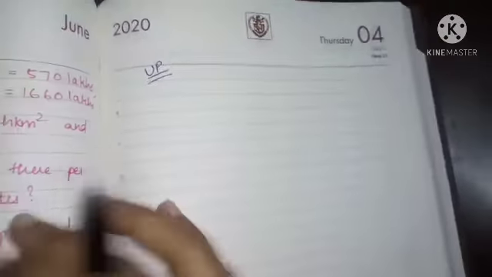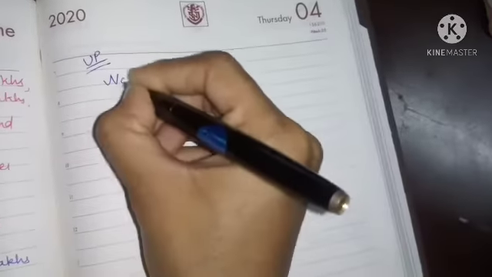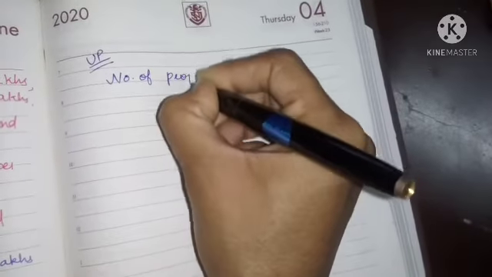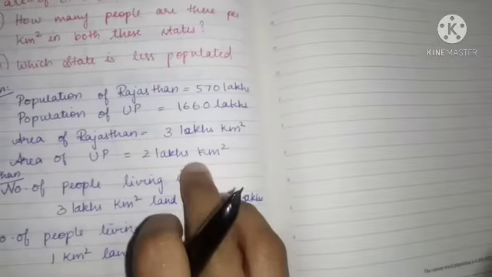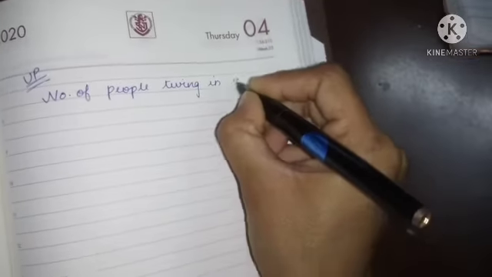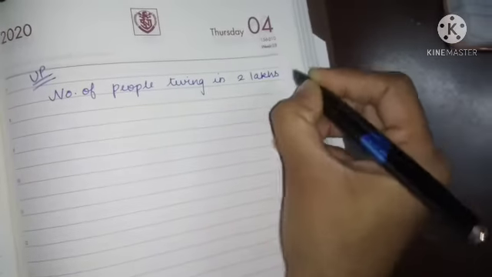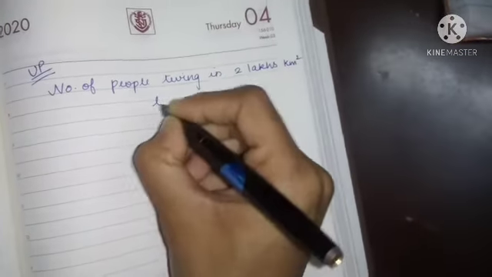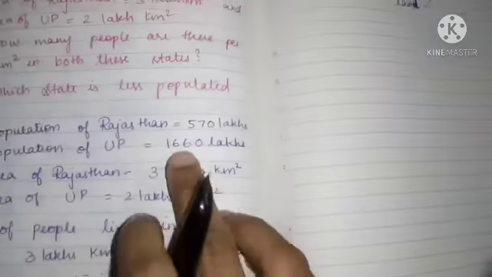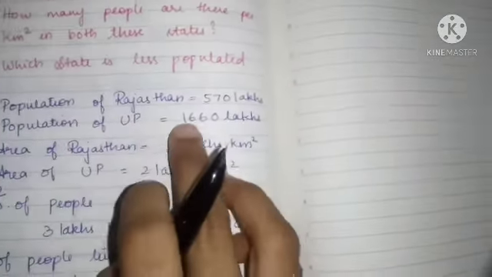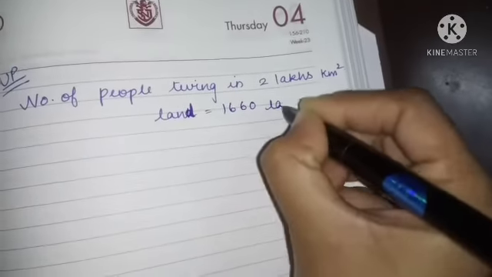Next, we are going for UP. Number of people living in 2 lakhs kilometer square land is equal to the population of UP, 1660 lakhs.